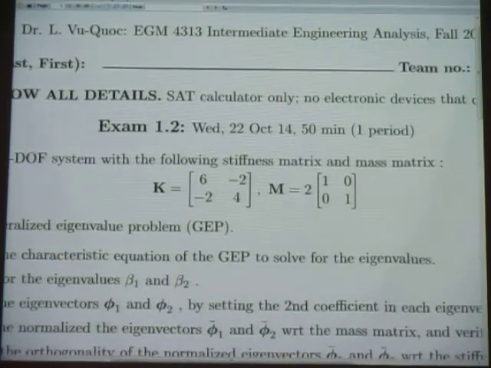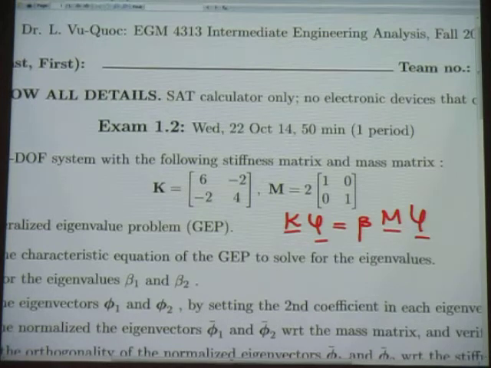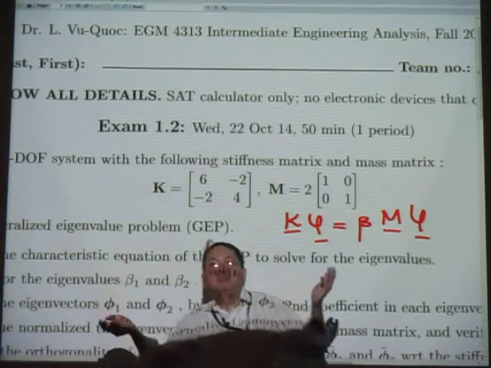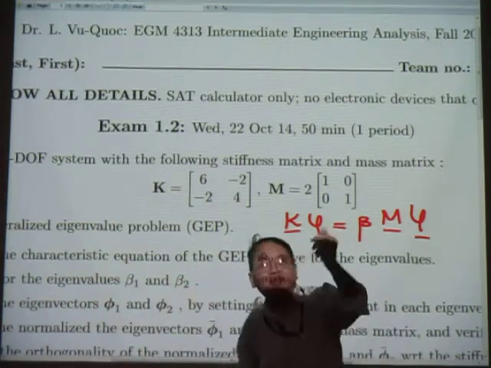How can you convert this generalized eigenvalue problem, meaning k phi equal to beta m phi, into an equivalent standard eigenvalue problem? I hope some student will read it.